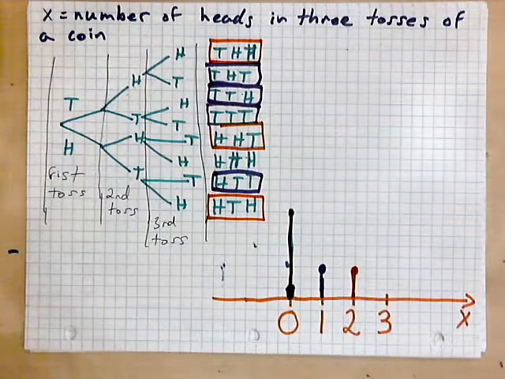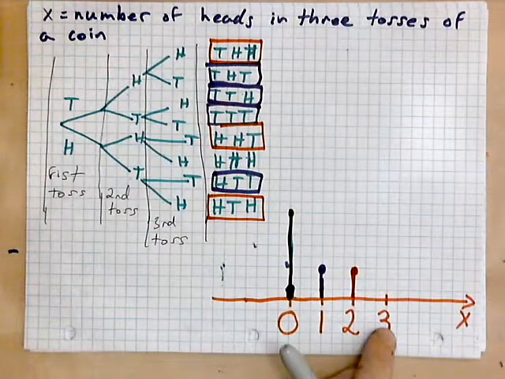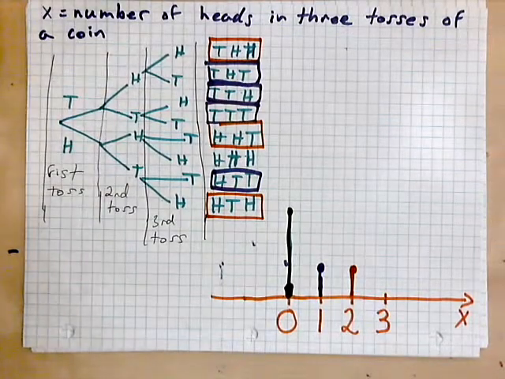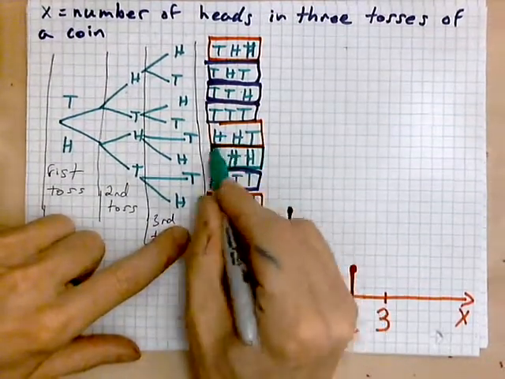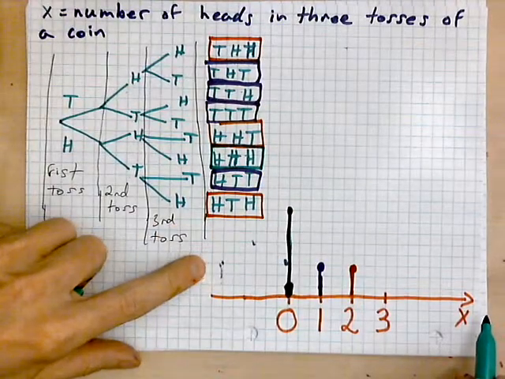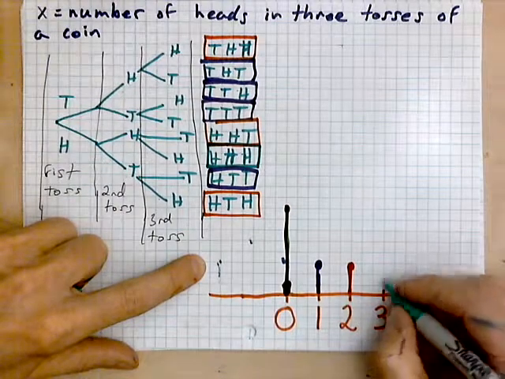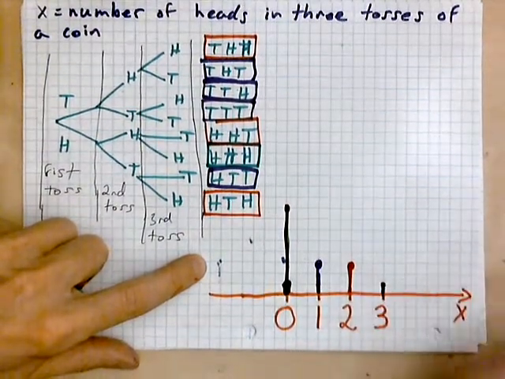And now let's take a look at the number of ways you can get 3 heads in 3 tosses of a coin. That is 1 out of 8. So we mark a segment that looks like this above the 3.